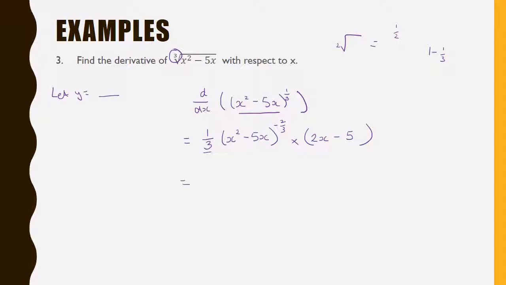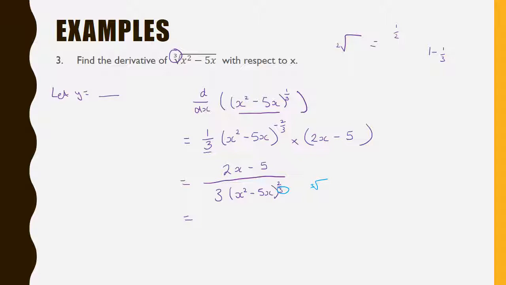So we can write that as 2x minus 5 over 3 lots of x squared minus 5x to the power of 2/3. We can leave it like this. This is entirely acceptable. Or if you choose, because we have this 3 in the denominator here, that can be written as a cube root.